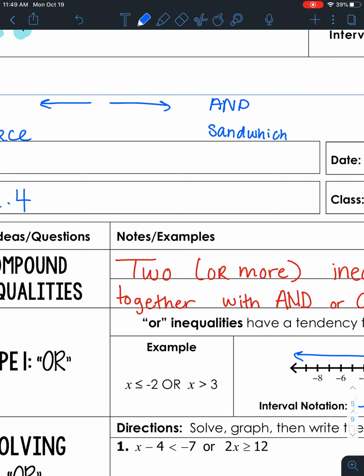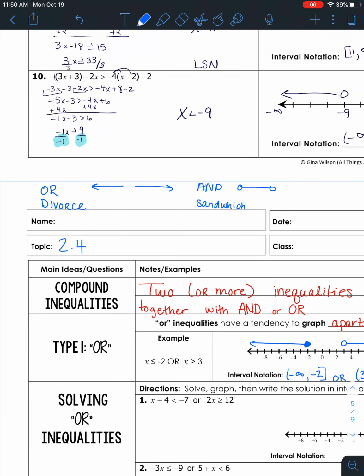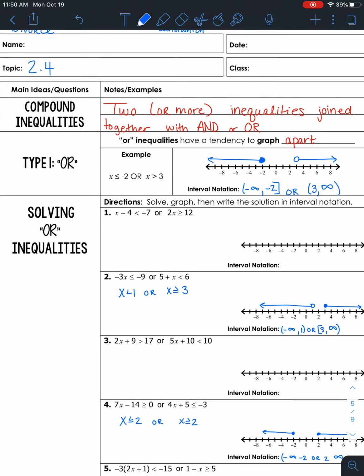Okay, when you have a sandwich, you are putting two things between breads. That's what an "and" would look like. So keep that in mind if you have an "and" or an "or," and figure out, okay, ands go together, so they're getting sandwiched between each other, and ors are getting divorced, so they're going opposite directions.